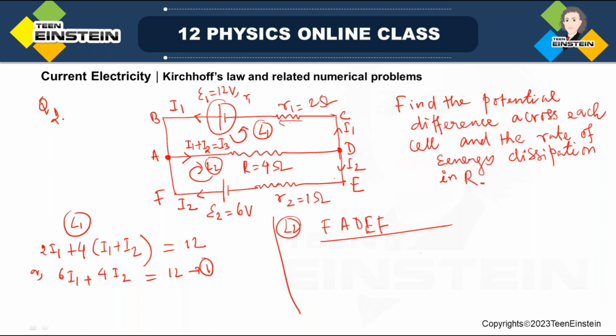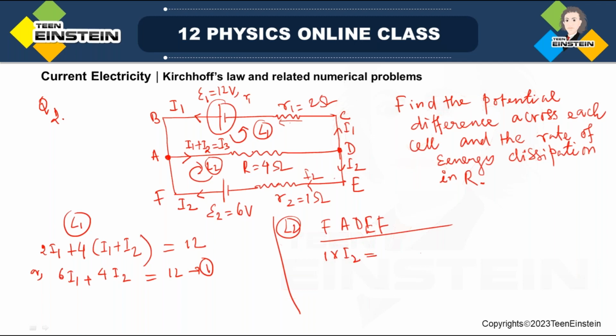Okay, so I'm going from E to F. So in this direction I am going. What is the current flowing through this? That is the I2 only. So this is 1 into I2.